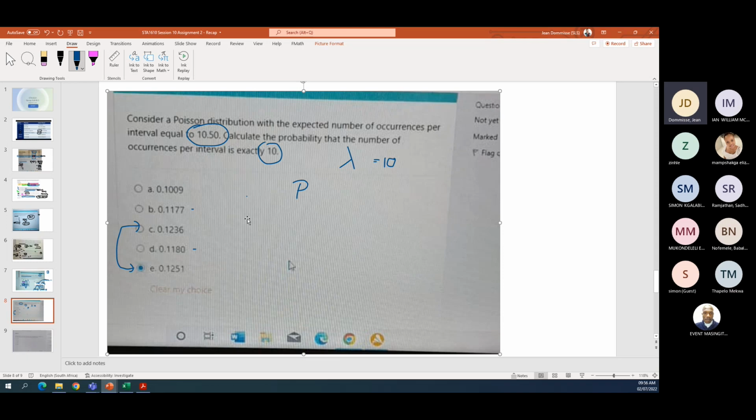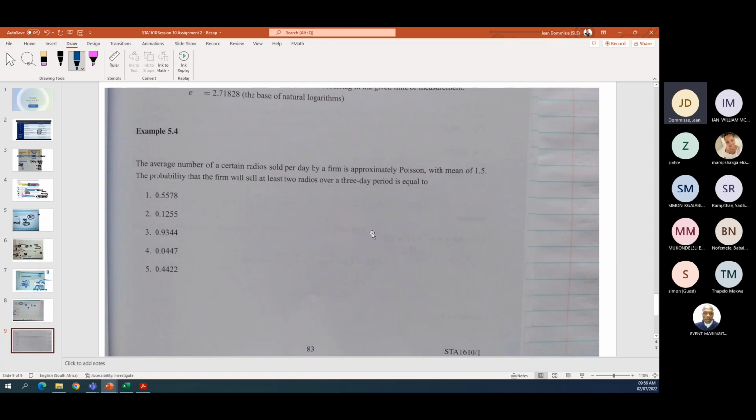If possible, I would put it in Excel, so that if you get something like that in the exam, we know you'll get it right.